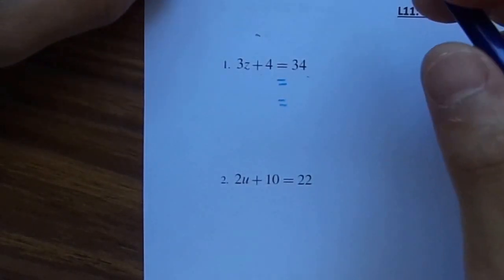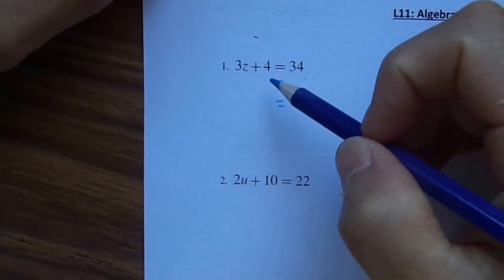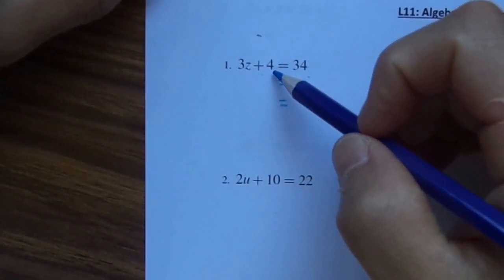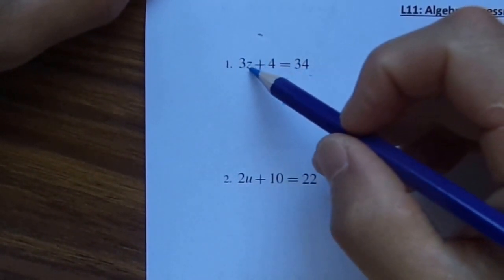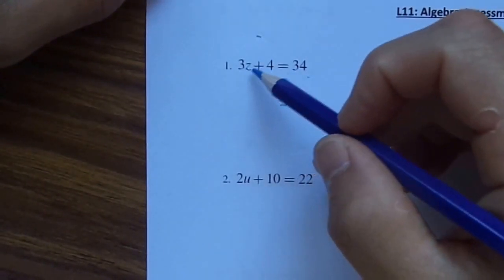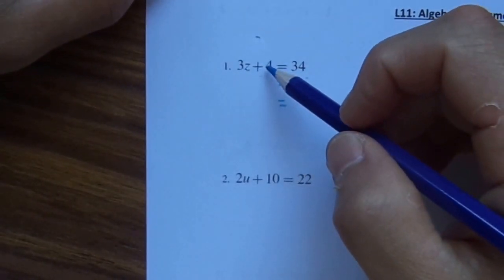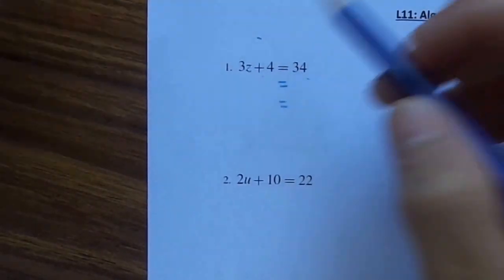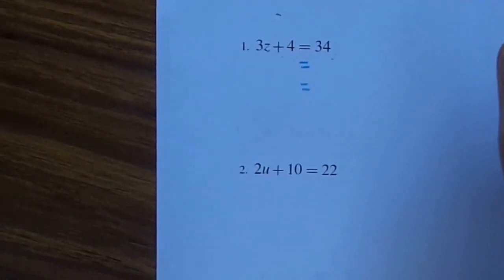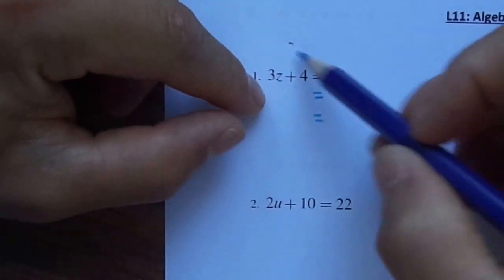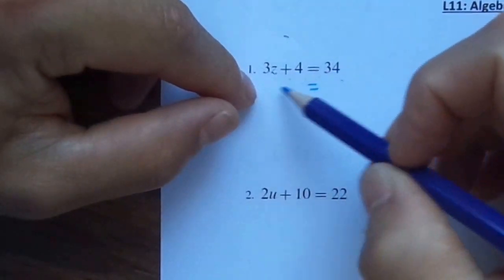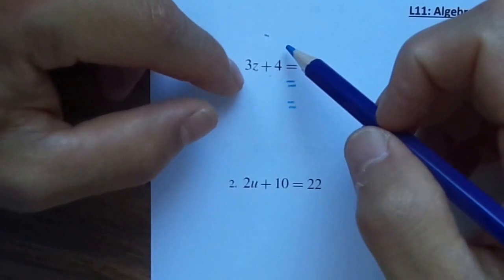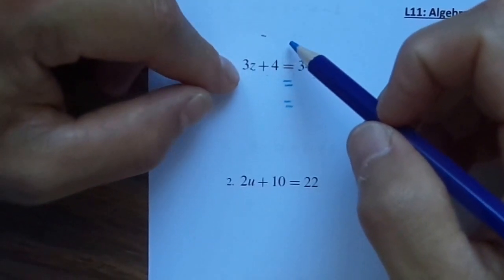So what we're going to first do is get rid of things that are associated with the z that should not be associated with the z. First, we identify where the variable is. The variable is on the left-hand side, so it would make sense to keep the variable on this side rather than moving it.